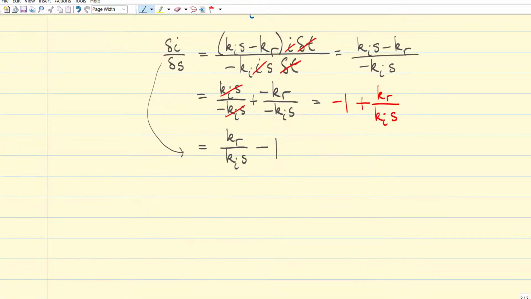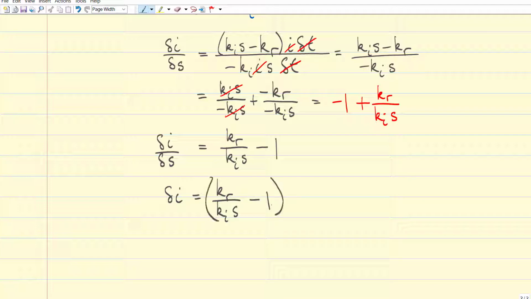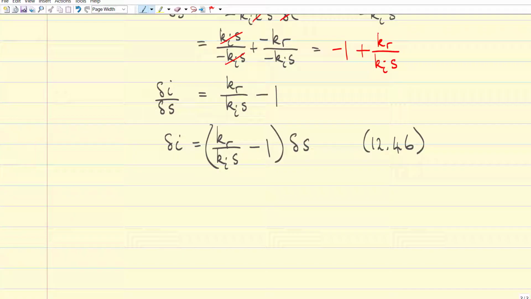So we can then, let's just write it, delta I over delta S. And then we can move the delta S to the other side, so we can write delta I equals KR over KIS minus 1 times delta S. And did I get that right? I think I did. So 12.46. So we just derived that equation. Alright, so that was kind of satisfying.